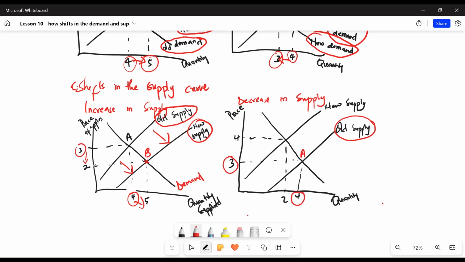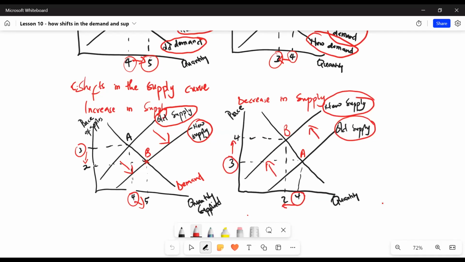If there's any shift in the market that causes producers to produce less of the good, this will shift the supply curve to the left and take us to a new curve, which we can call a new supply curve. This brings us to a new equilibrium point B. At this equilibrium point, prices increase from 3 to 4 and quantity reduces from 4 to 2.